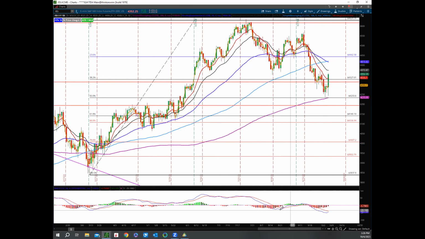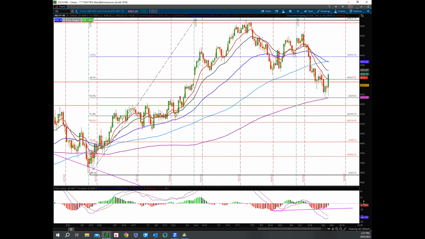It may not be hugely obvious, but throw a trend line on, touching this histogram and this one. Maybe that helps, right? But that trend line is going up. When you connect the histogram on this low to the histogram on this low, you can clearly see there's a bullish divergence, okay?